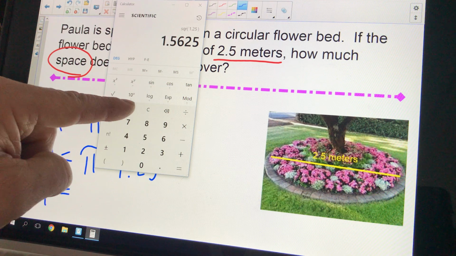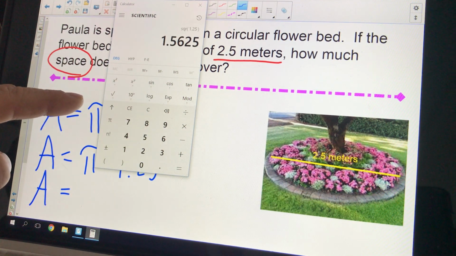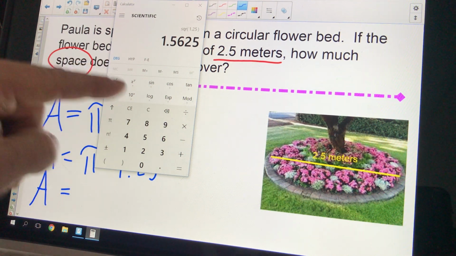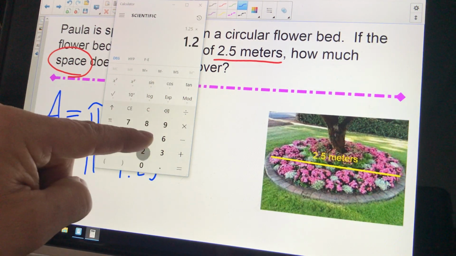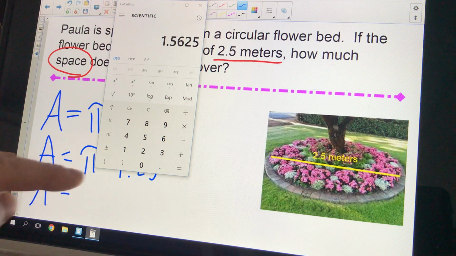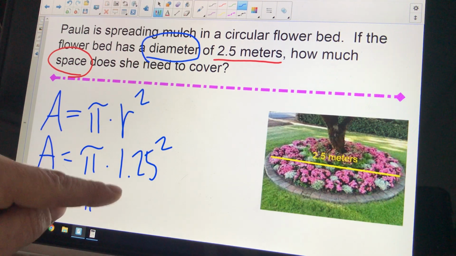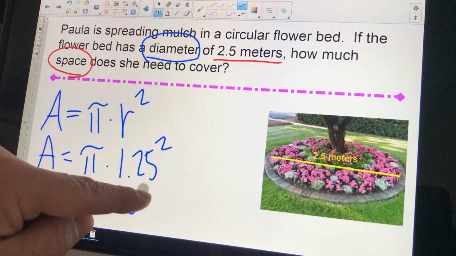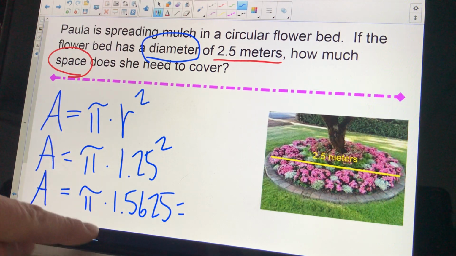Sorry, I'm going to go back again. 1.25 squared. 1.5625. Let me double check that. 1.25 times 1.25 is 1.5625. It is. Okay, I was just double checking. I didn't want you to get it wrong. 1.5625. And I'm going to multiply that by pi.